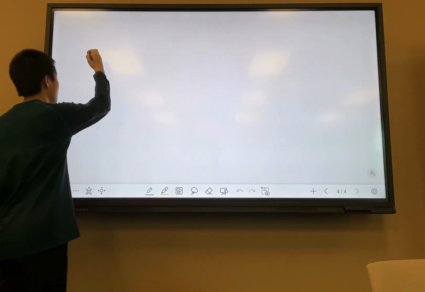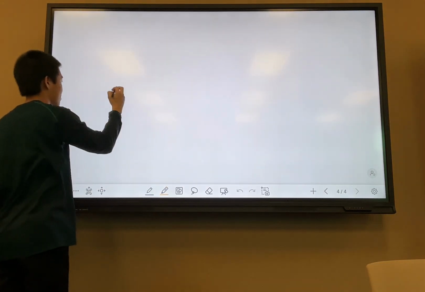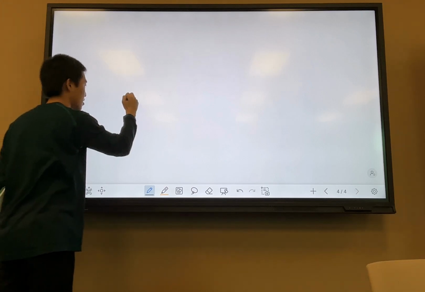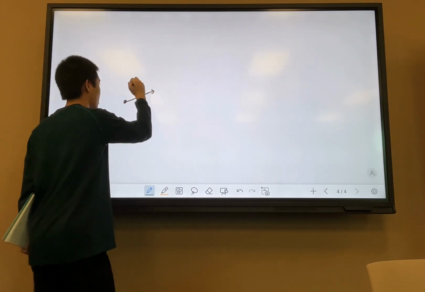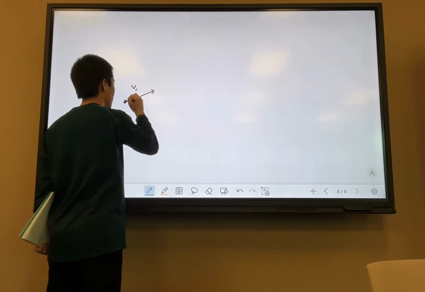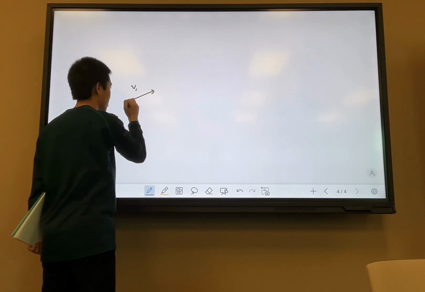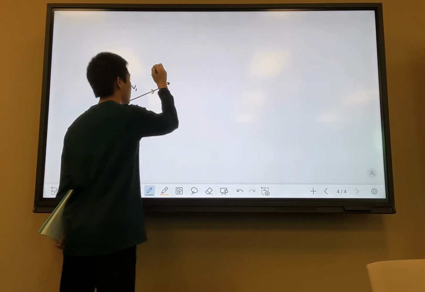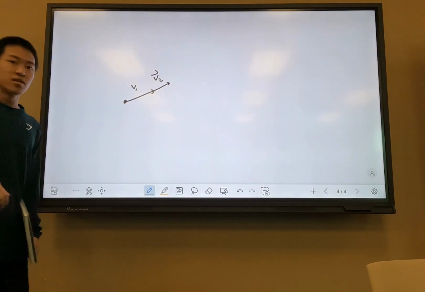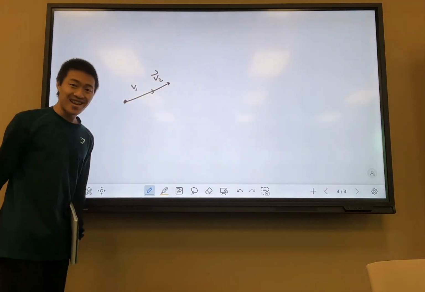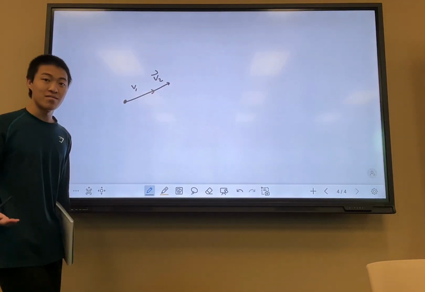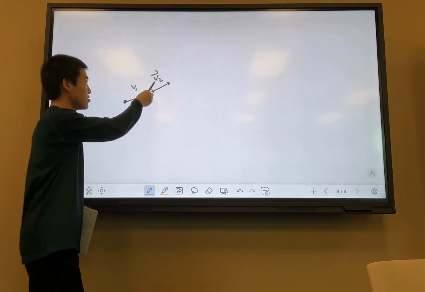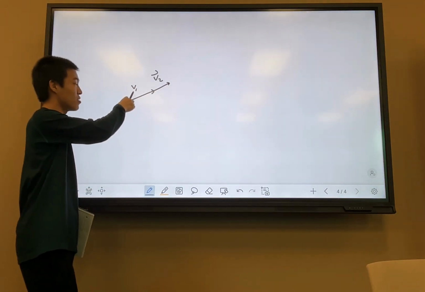Suppose now I have two vectors like this, v1 and v2. They are pointed in exactly the same direction. They're parallel. In other words, v2 is some scalar multiple of v1.